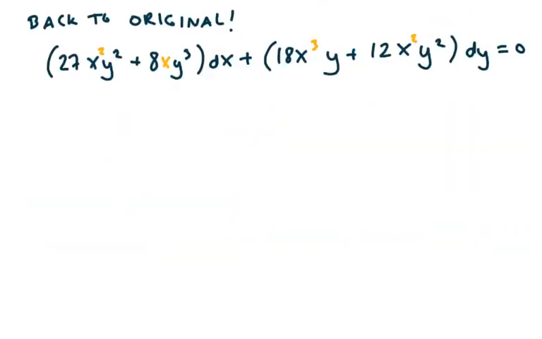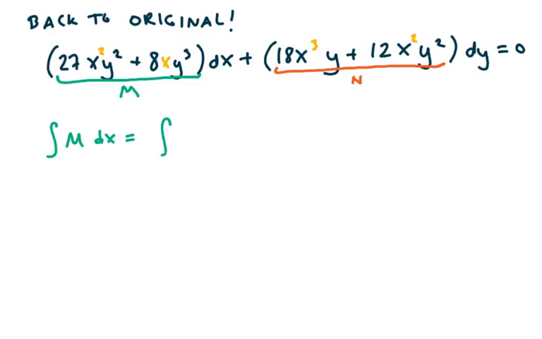So let's go ahead and do what we just said we were going to do in terms of solving this as an exact equation. So this first quantity here, this is our m, and we're going to begin by integrating m with respect to x. And then if that goes well, we'll go ahead and integrate n with respect to y, and then we'll step back and just compare the two solutions. So walking through the integral of m, that means we're going to be integrating 27x squared y squared plus 8xy cubed with respect to x.